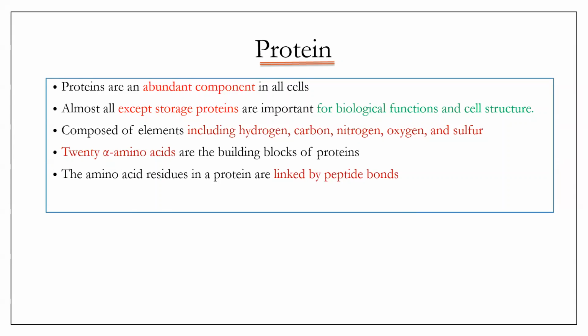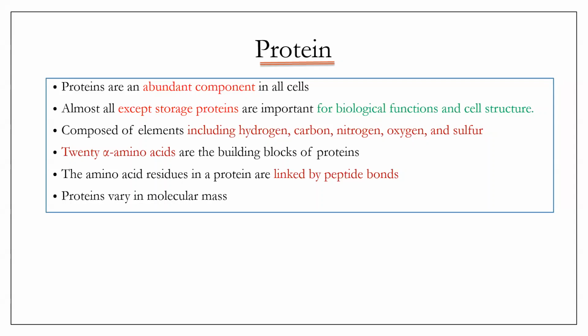Now, if we look at proteins, all proteins differ in their type, number, and sequence of amino acids. You know, amino acids are of different types. They are polar, they are non-polar. These 20 amino acids can be differentiated into polar, non-polar, acidic, and basic amino acids. And because of their R group, their molecular mass varies.